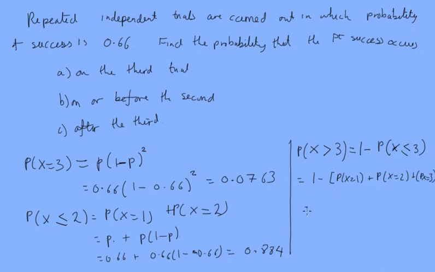Now we already have, so it's going to be 1 minus p plus p(1 minus p) plus p(1 minus p) squared. I'm not going to write the numbers in there because it's a bit redundant. So slotting in all your p's, you'll get 0.0393.